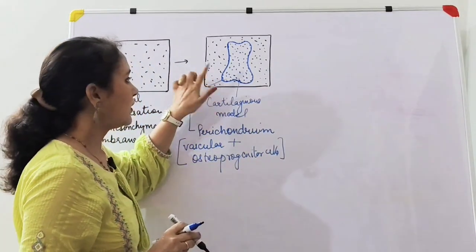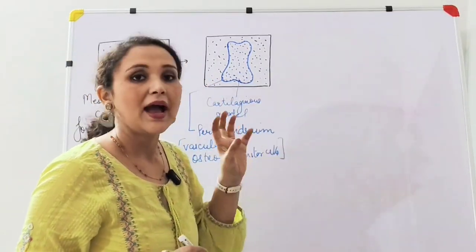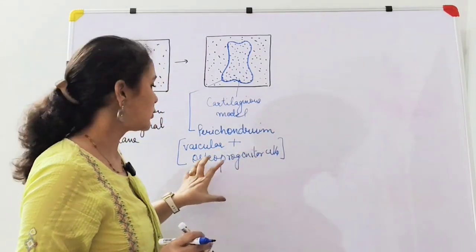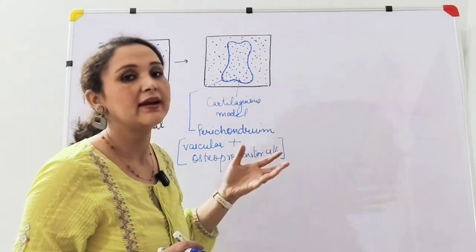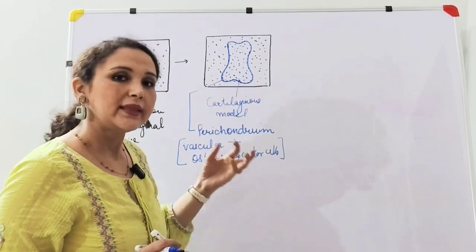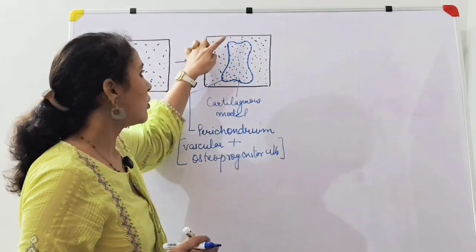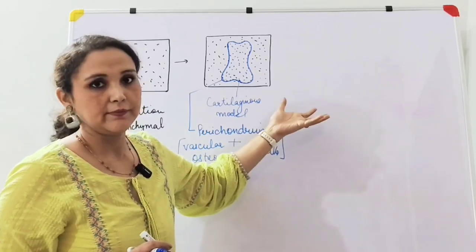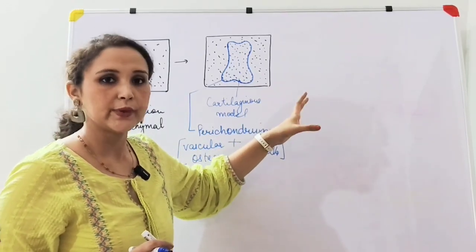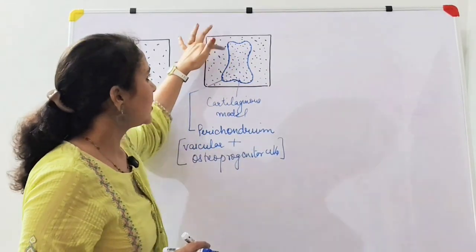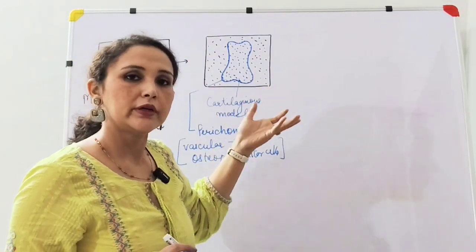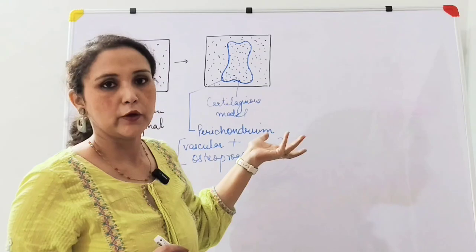That means they can change into osteoblasts and lay down the bony tissue. When this perichondrium will play an important role in laying down the bone, we can call it the periosteum. So you don't need to get confused with the names. This is cartilage. It is lined by perichondrium. When it will be laying down the bony tissue, you can call this perichondrium a periosteum.